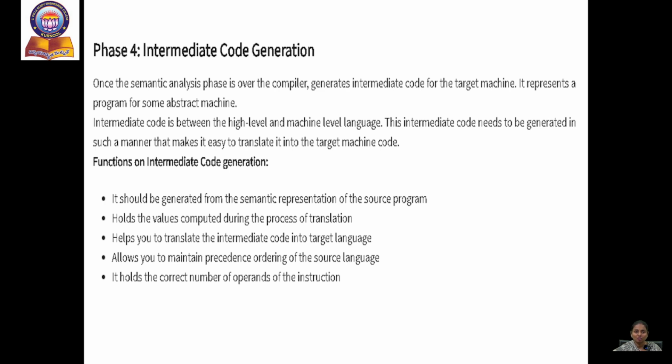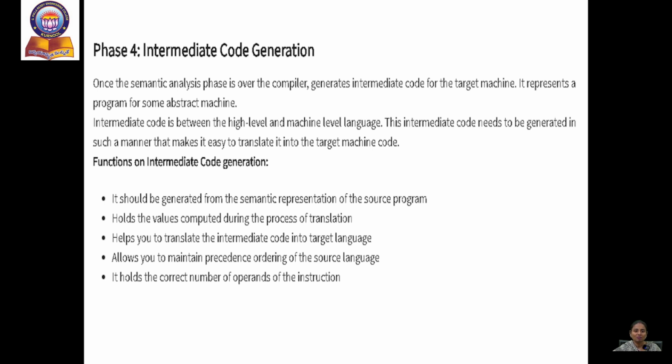The main functionality is that it should be generated from the semantic representation of the source program. So the conversion of high level language into machine level language can be done only with the help of the output generated by the semantic analysis phase.